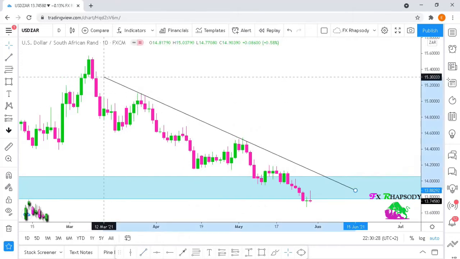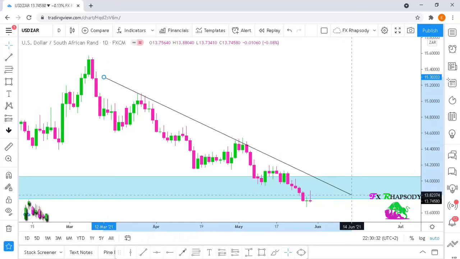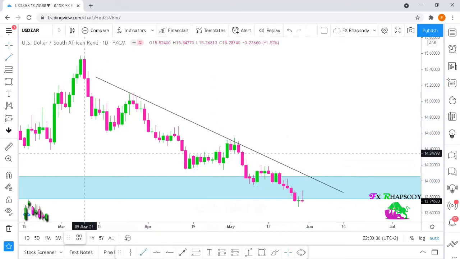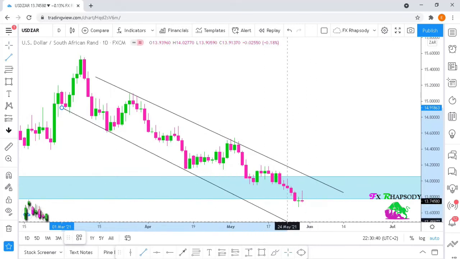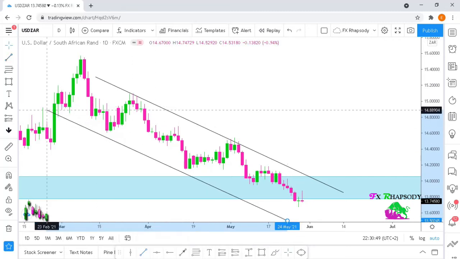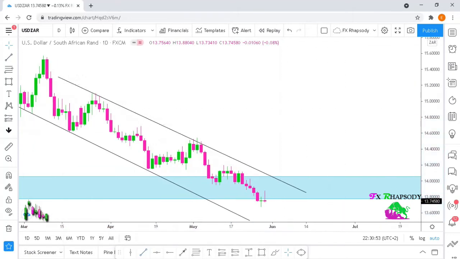Let's just draw it like this, and then pull it here. All right guys, there we go. It's more or less like that. I like getting my trend lines as accurate as possible. It's always good to have a nice accurate trend line.